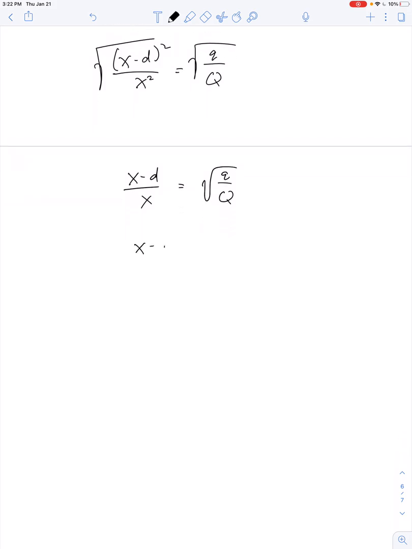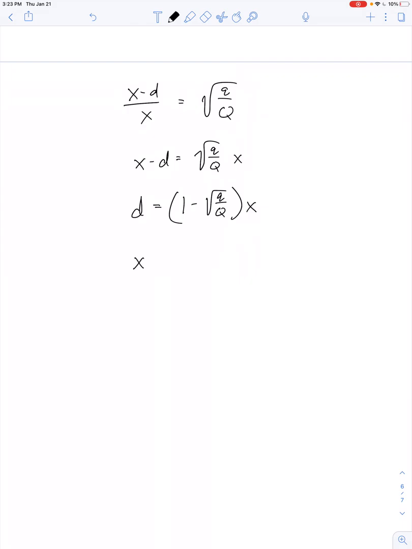Cross multiply: x minus d is equal to root charge ratio times x. If we rearrange and solve for d, we have d is equal to 1 minus root of (q over Q), quantity, times x, or better yet, x is equal to d divided by 1 minus root of (q over Q). Okay.